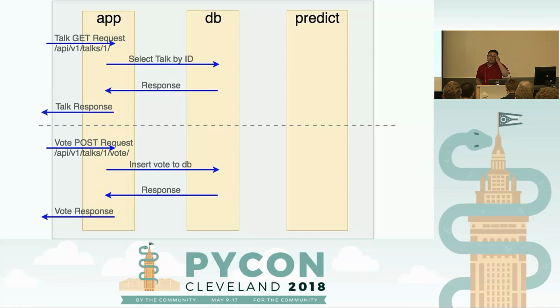So here's how the different components of Talk Recommender interact with each other. So when the user clicks on an in-person or watch later button, the request comes to the app, and that is stored in the database.